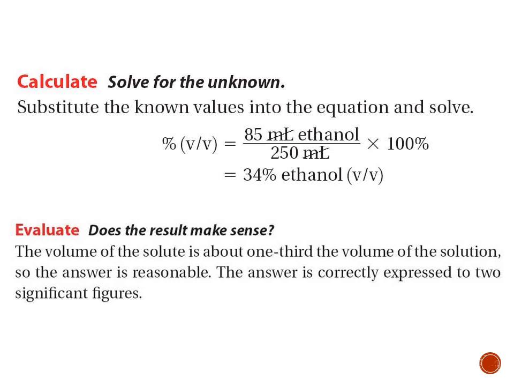So, percent volume per volume, 85 ml of ethanol divided by 250 ml of solution times 100 would give 34% ethanol. So the volume of solute is about 1/3 of the volume of the solution. So the answer is reasonable. The answer is correctly expressed in two significant figures.